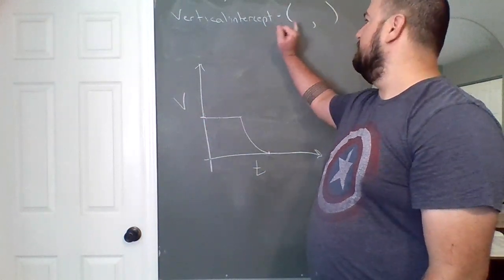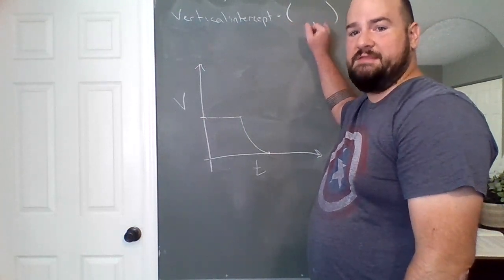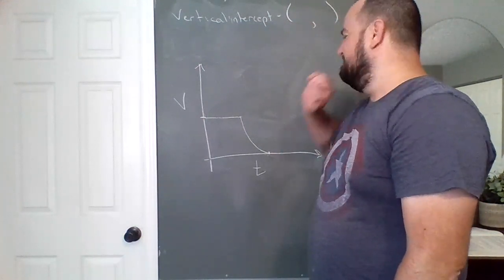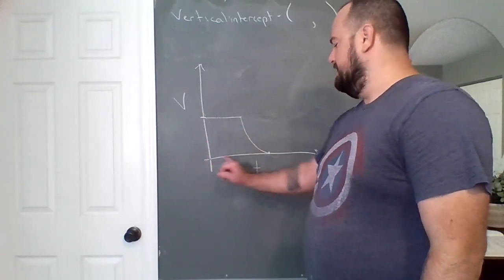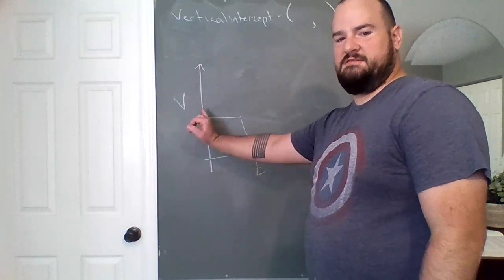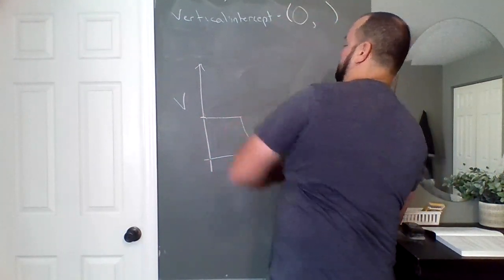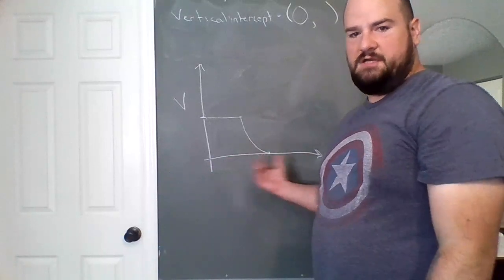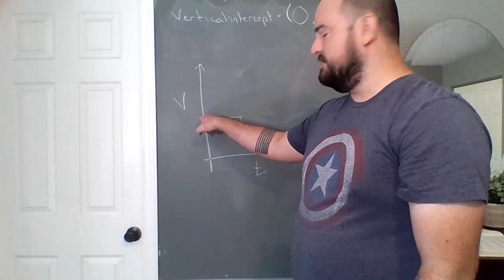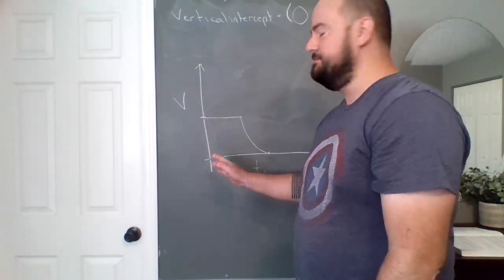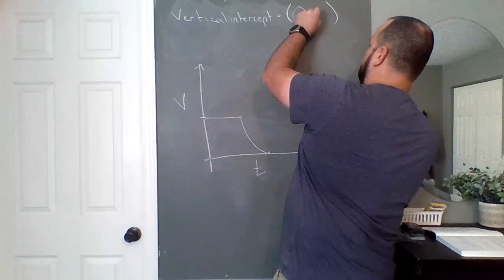Well, it's x comma y, right? So it's the input, then the output, or the independent variable, then the dependent variable. Inputs and outputs we'll talk about later this week. The independent variable at this point is 0. I know this is 0, even though I don't have any numbers on this, because this is the origin. So this vertical intercept is always when the input is 0. Now the output is some number, so we can say, whatever, m.